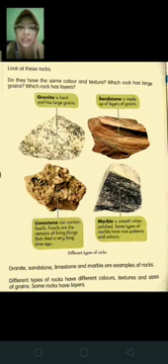This is the question. Do they have the same colors? Do they have the same color and texture? I think not, because we can see these rocks have white color, brown color, and black color. They are different. Which rock has large grains?